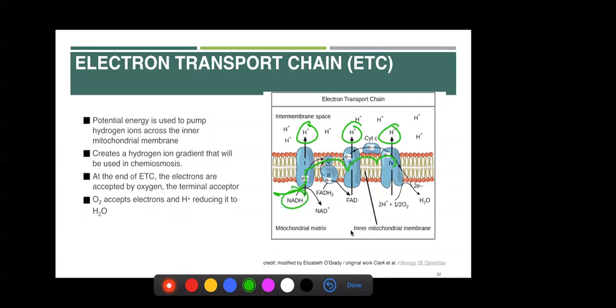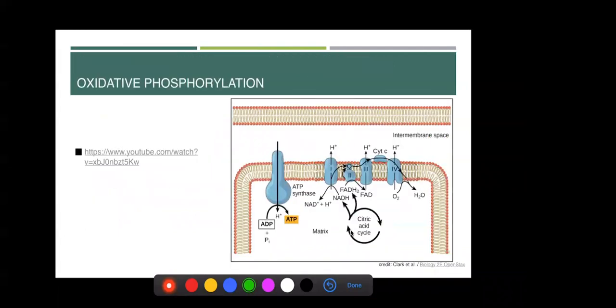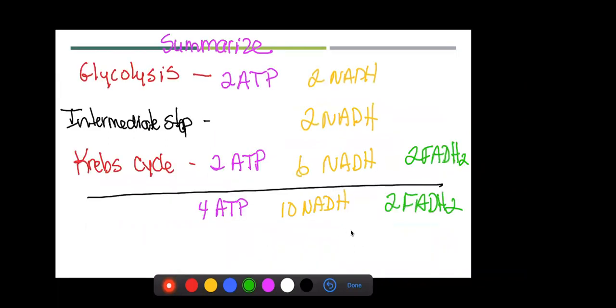So for 1 electron that NAD drops off, I get 1, 2, 3 protons, which will drive, yes, it's still there, 3, it'll make 3 ATPs.